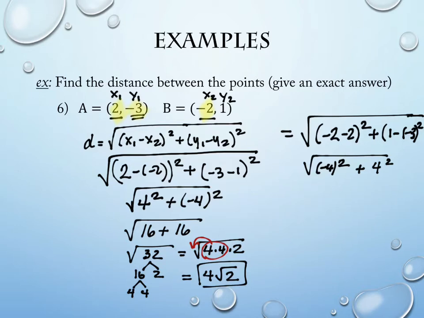How far are -3 and positive 1 apart? Well, they're 4 apart, right? That's the other 4 that keeps getting squared. And because I'm squaring things, it doesn't matter whether you do the bigger value minus the smaller value or the smaller value minus the bigger one, because when you square them, they all end up positive anyway.